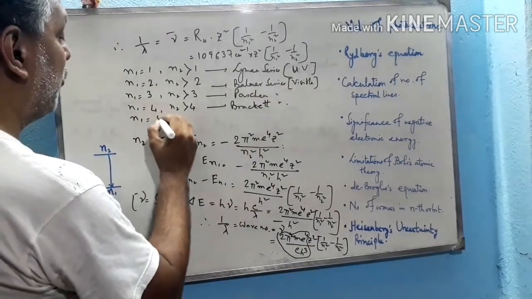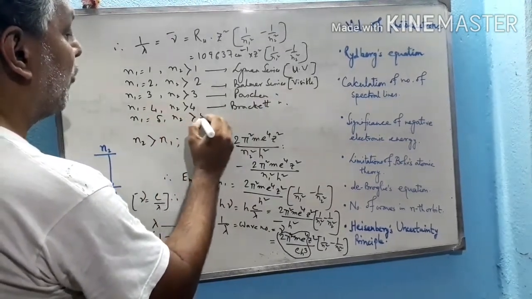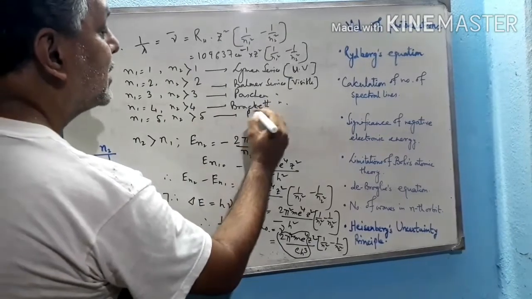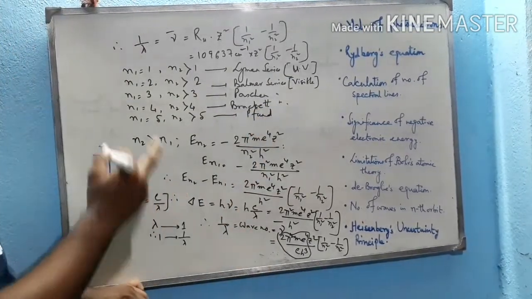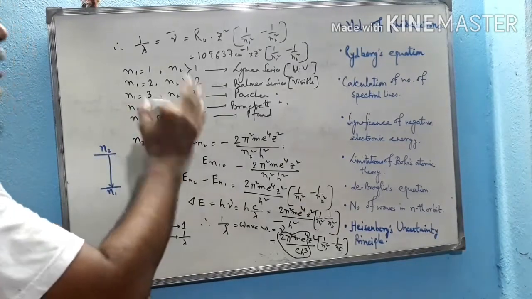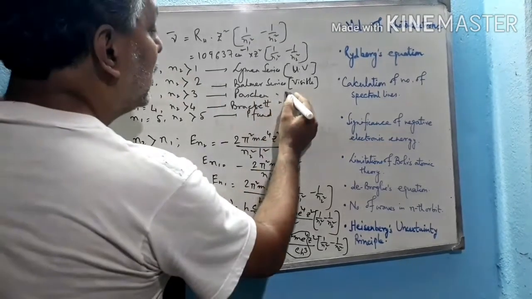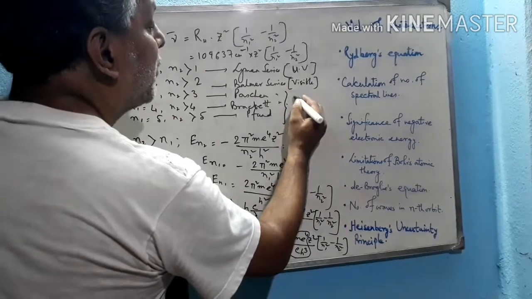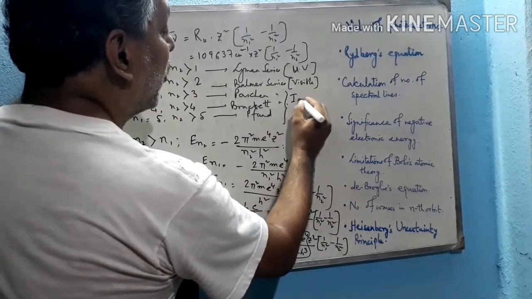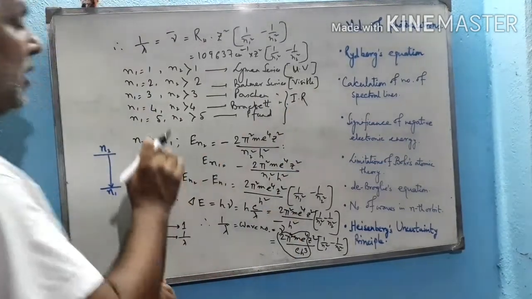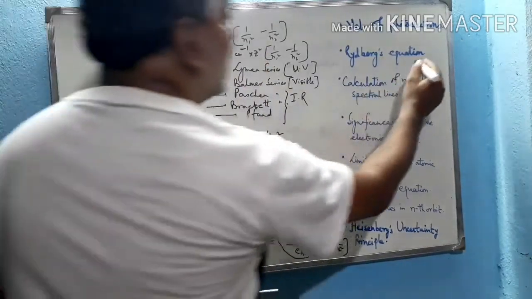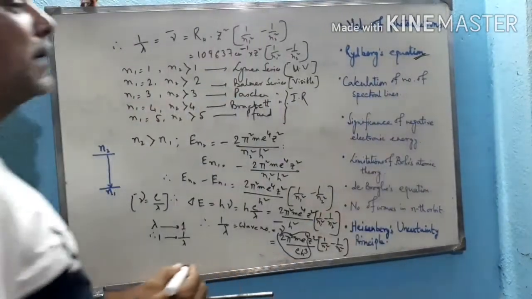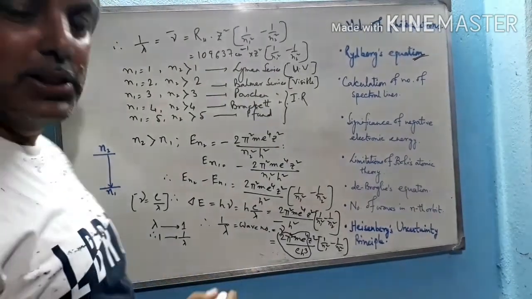And n1 equal to 5, n2 greater than 5, is the Pfund series. Beyond this we get the Humphrey series when n1 equals 6 and n2 is greater than 6, but all these series lie in the IR or far IR region. So these are the series we obtain from Rydberg's equation.